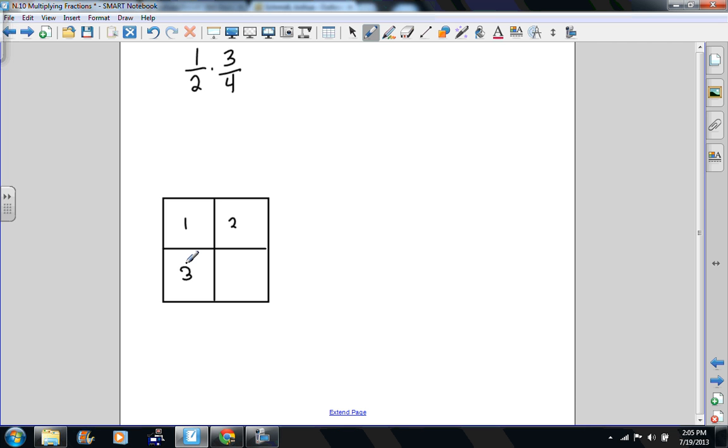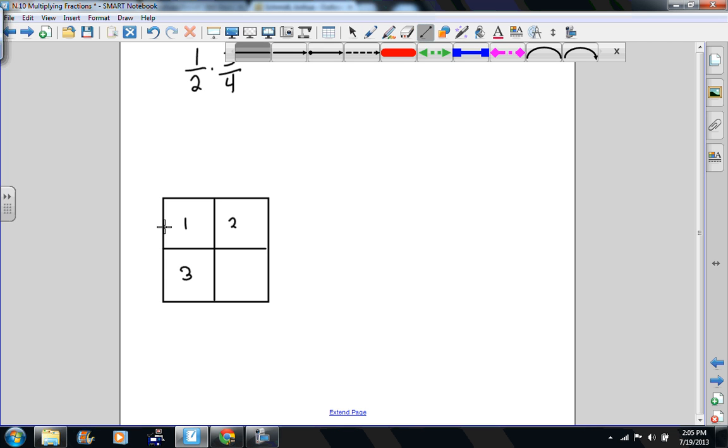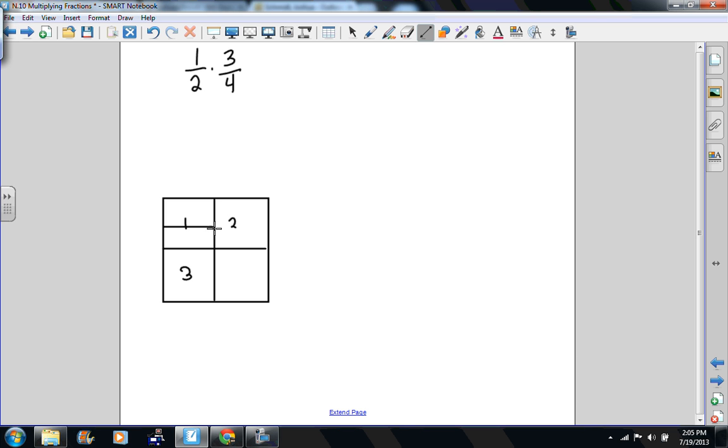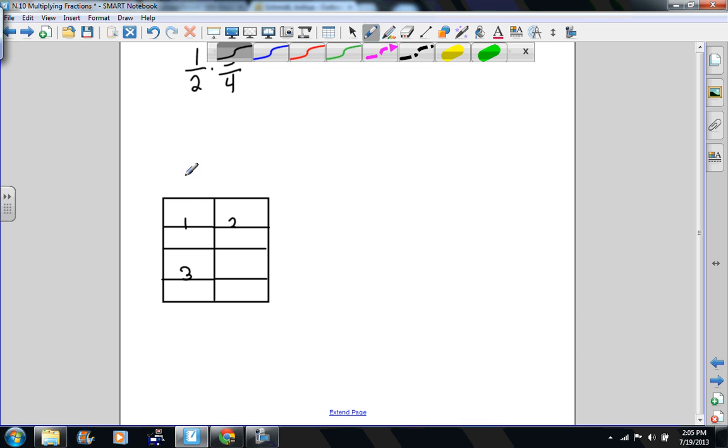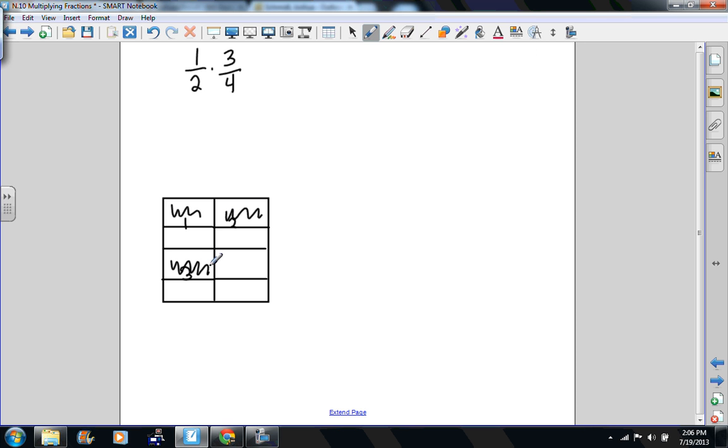To split each of these up into 1/2, we cut them like that. Now our whole box is split into eighths: 1, 2, 3, 4, 5, 6, 7, 8, and we want 1/2 of each. So 1, 2, 3 would give us 3 of those total 8. So we know that 1/2 of 3/4 is 3/8.